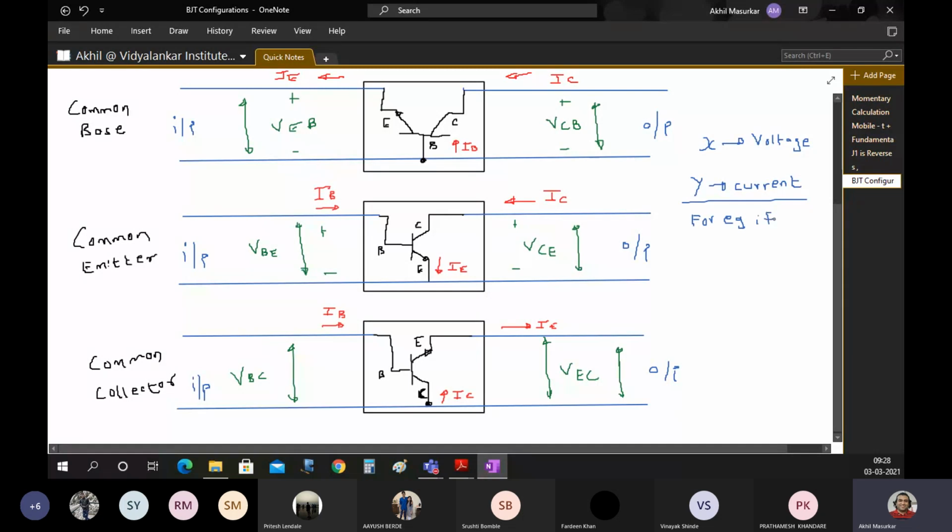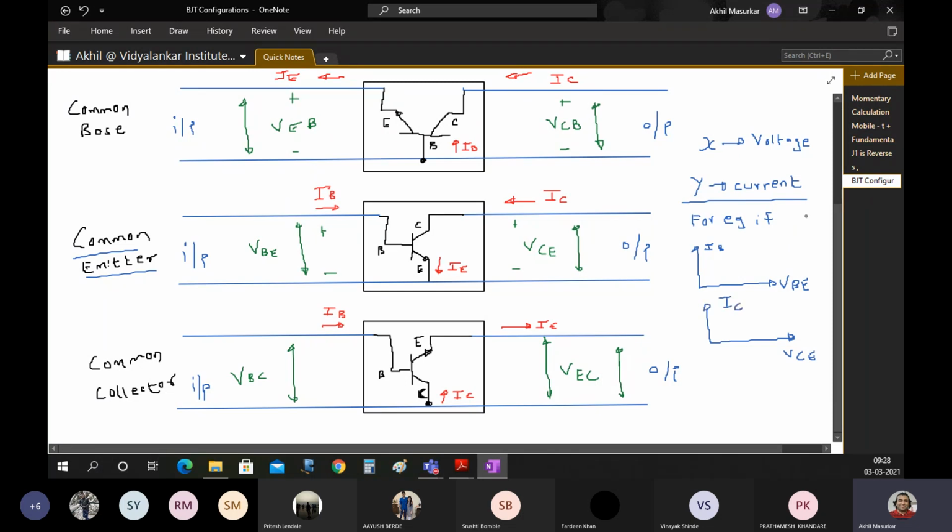if we talk about common emitter configuration, and if I am doing the input characteristics, then on X I will have VBE, on Y I will have IB. If I am doing the output characteristics, then on X I will have VCE, and on Y I will have IC.